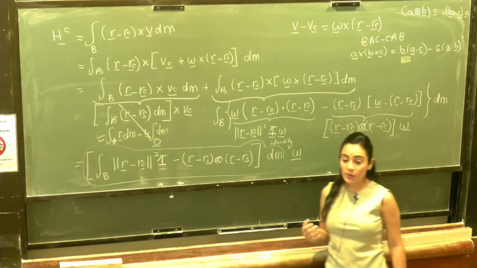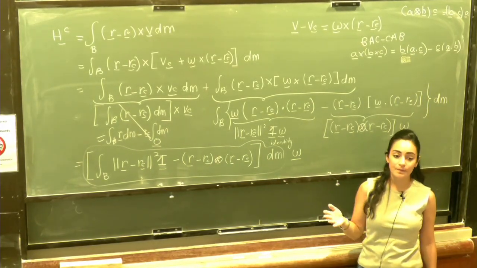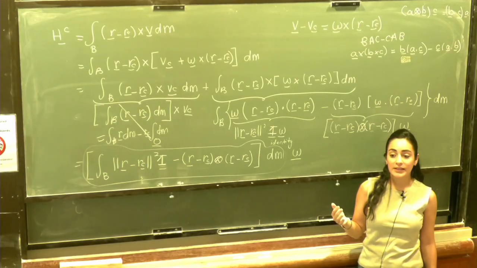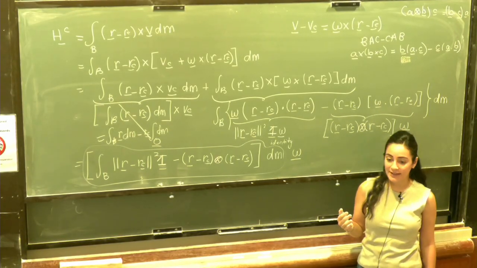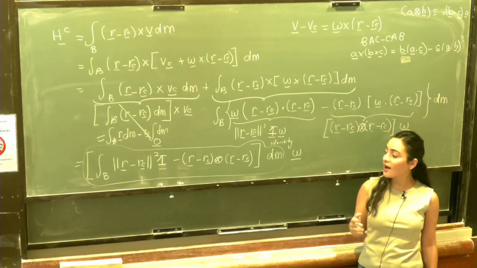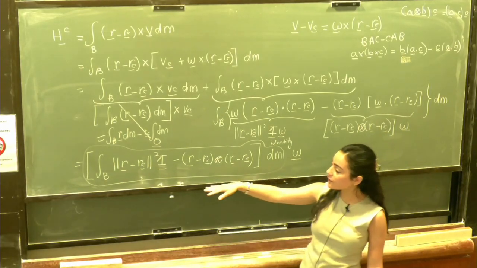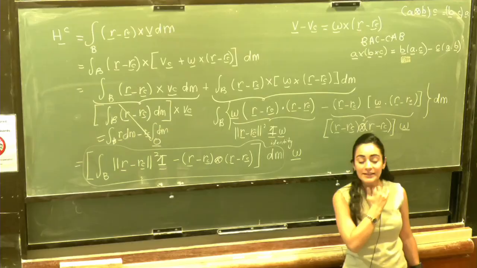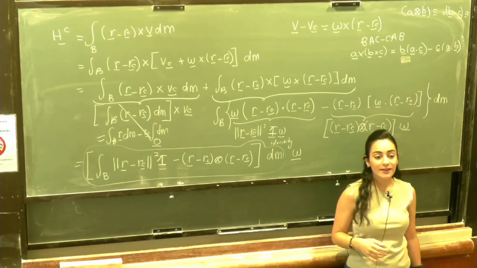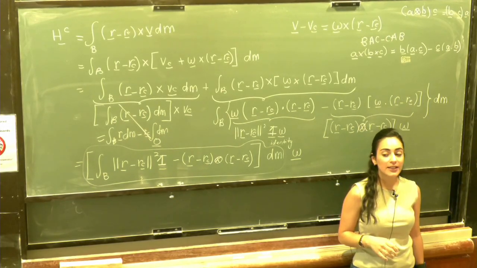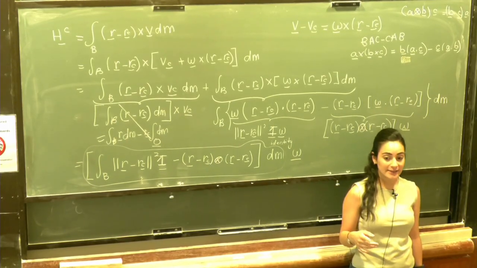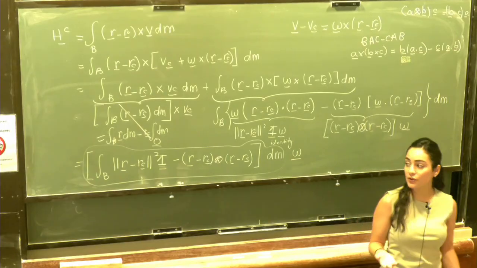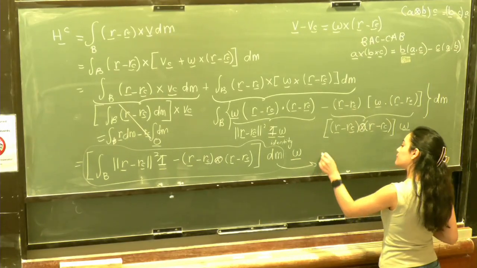Can anyone guess what we're going to call this tensor? It has to do with position vectors only. Any guesses on what we're going to call it? Yes, it's going to be the inertia tensor.